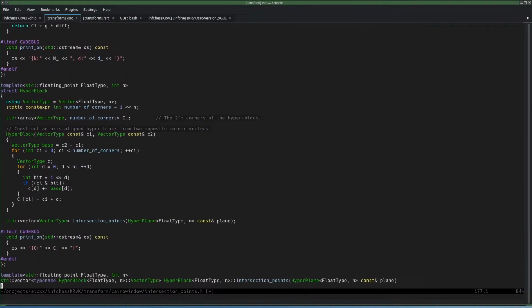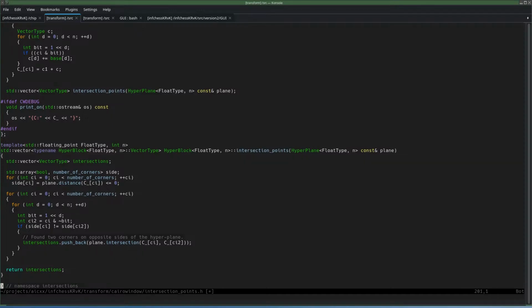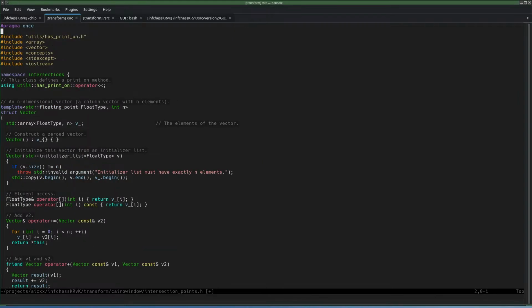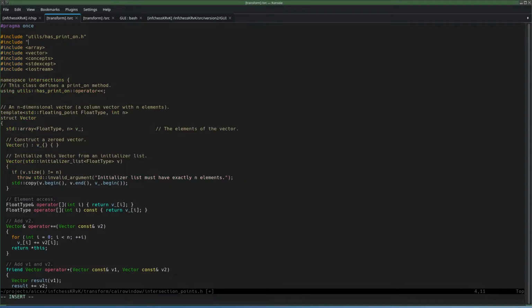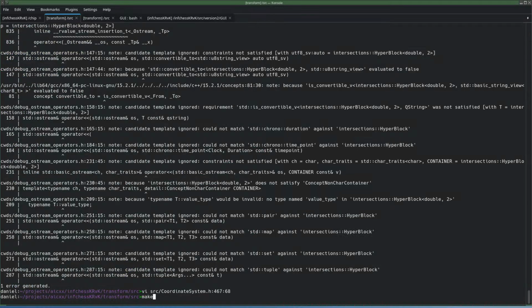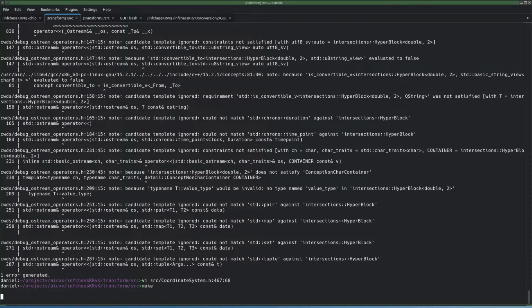Need to print arrays. I'm not sure what I need. Either utils, I think, also utils debug stream operators. But then again, let's try CWDS first, which might be included from debug.h now I think about it.